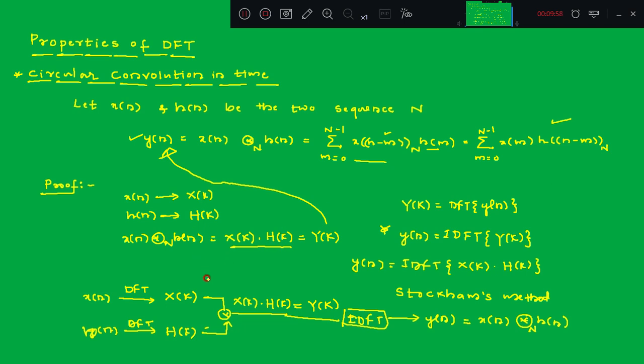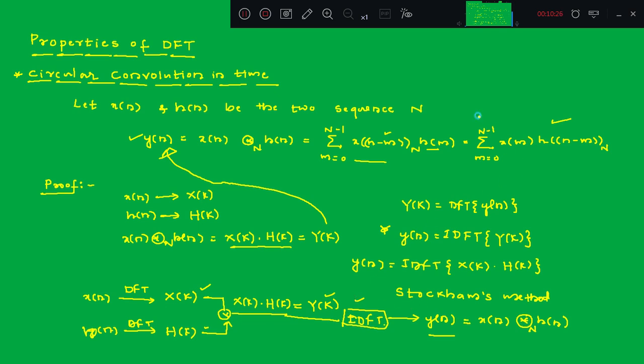Whenever the two sequences x of n and h of n are given, first you find their DFTs, x of k and h of k, then multiply, you will get y of k, then you take the inverse DFT, you will get y of n, right? So all operations we are performing in the frequency domain. This is called the frequency method to compute circular convolution, that is Stockham's method.